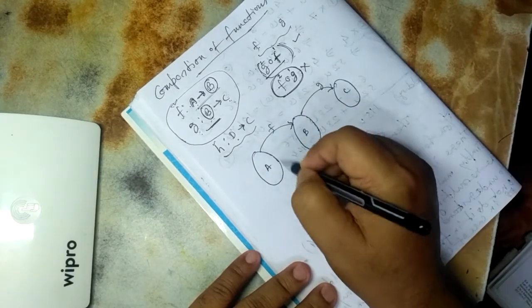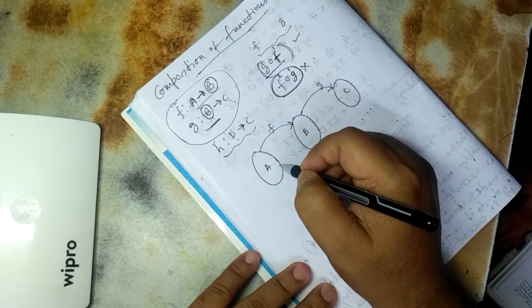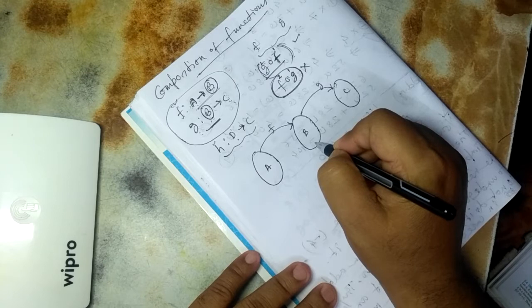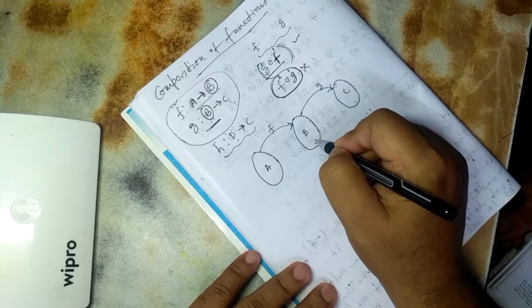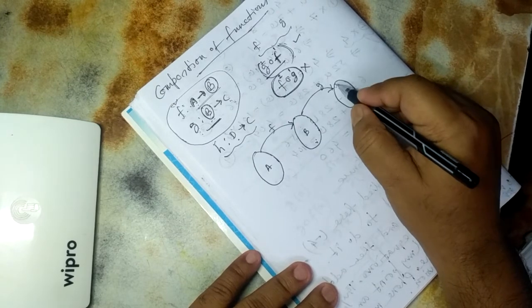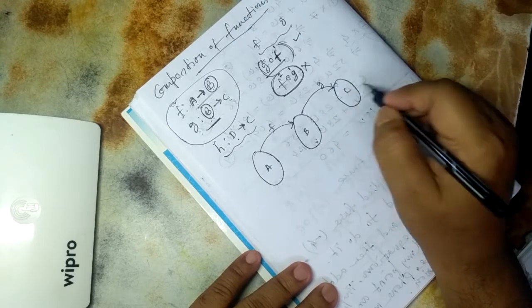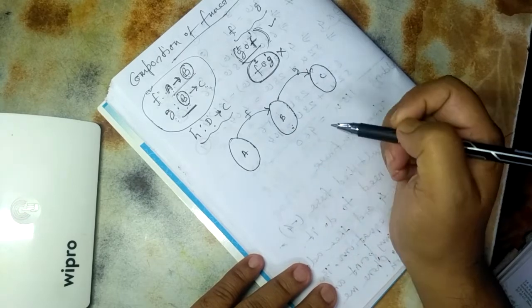This is the set of elements constituting the domain of a function. Similarly, this is the set of elements of the codomain of a function, B set, and again B set is the set of elements of the domain of g function, and C set is the set of elements of the codomain of the g function. So this is f and g.